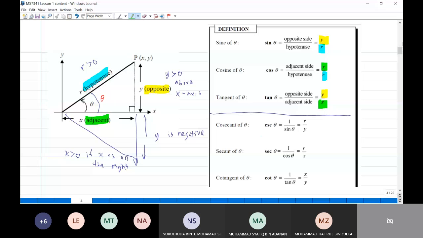It's actually the reciprocal of tangent theta. So three major ones, and then three not so often used but also important. Just different ways to express them. So this slide, of course, maybe you don't see this in your notes at the moment, but I'll show you later on where you can find this note.